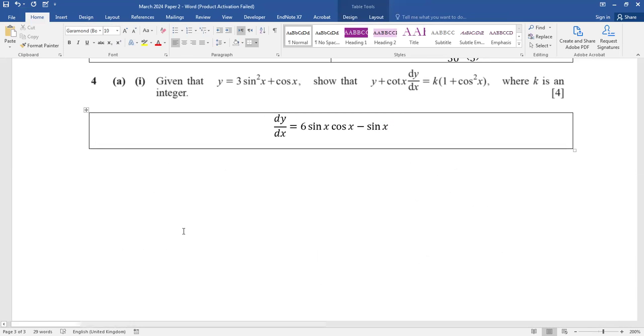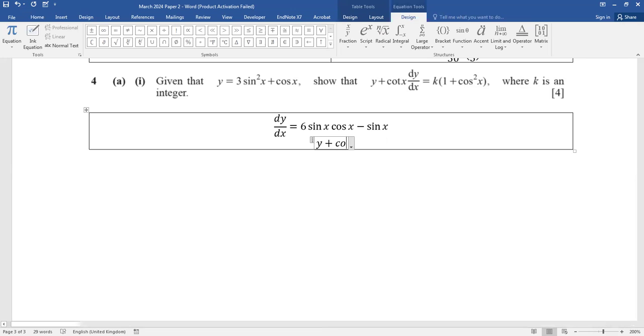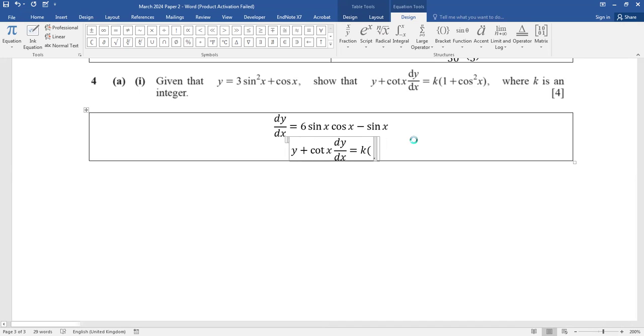This is the derivative that we should get if we differentiate. Now it wants us to prove that y plus cot x dy by dx is k times 1 plus cos square x.